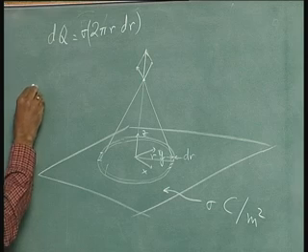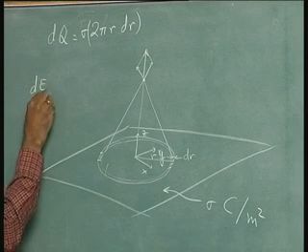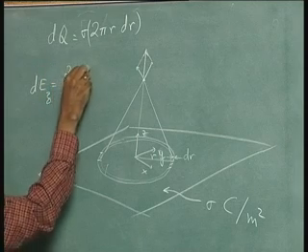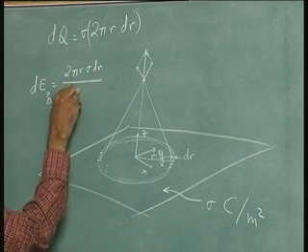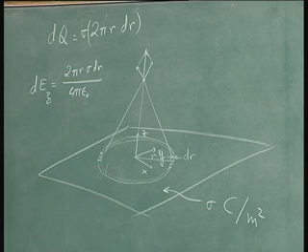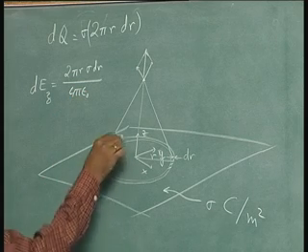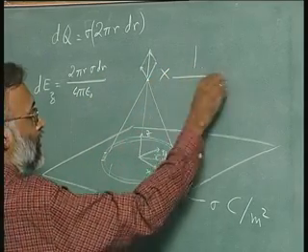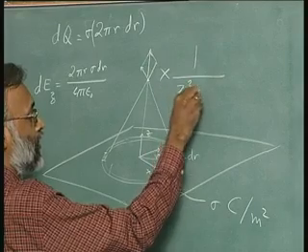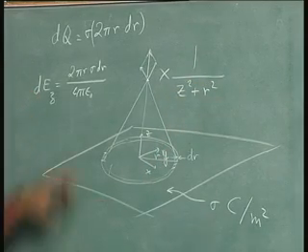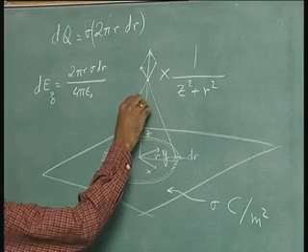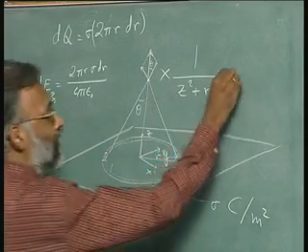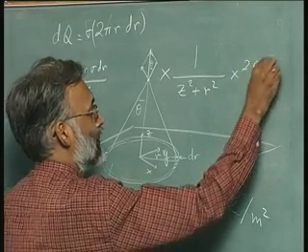So, what you get is dE is along z, it is equal to this charge, 2 pi r sigma dr, divided by 4 pi epsilon naught, times 1 over this distance, times again you take this angle theta, that angle is the same as this, times cos theta.